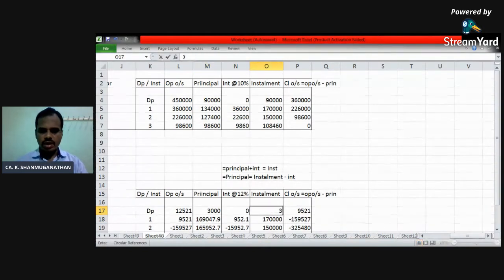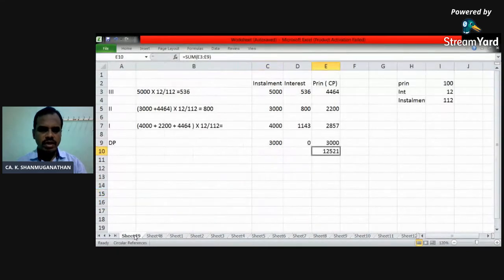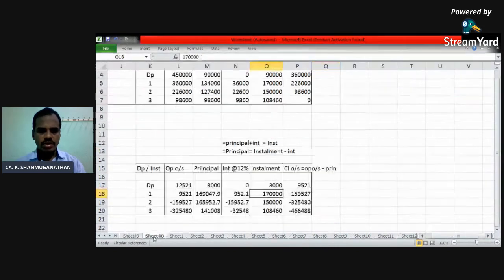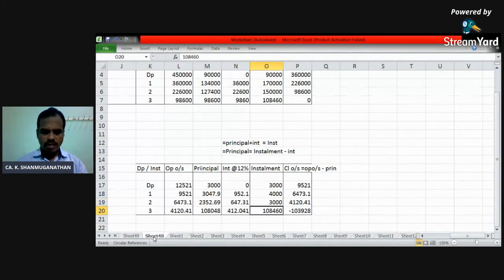Installment is also 3,000. The balance is 9,521. Let's calculate interest for the first year. First, let me finish the installments, which are very easy: 4,000, 3,000, 5,000. These are the three installments.